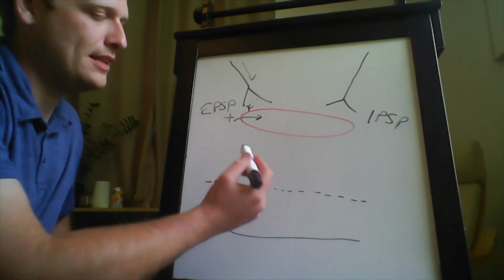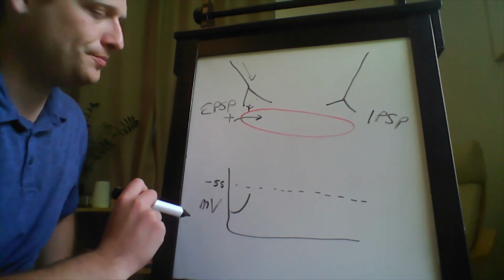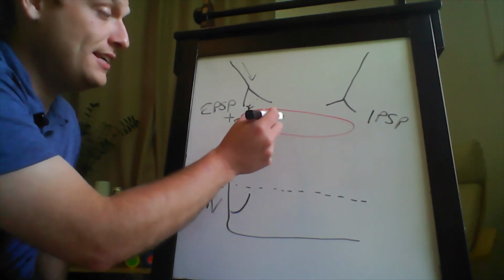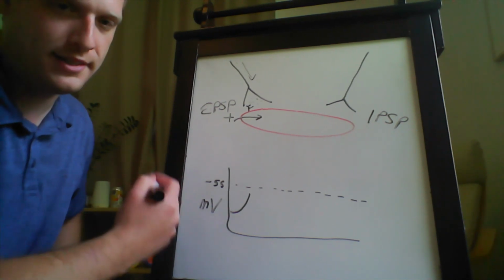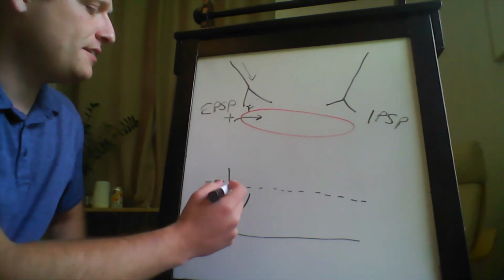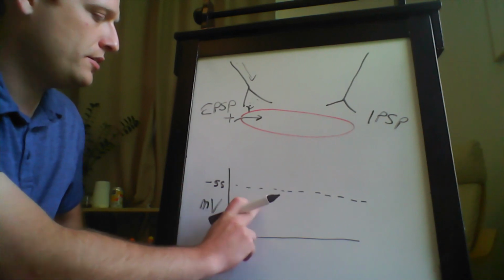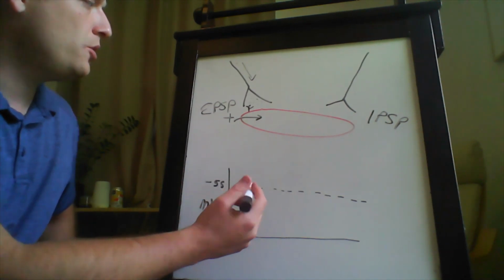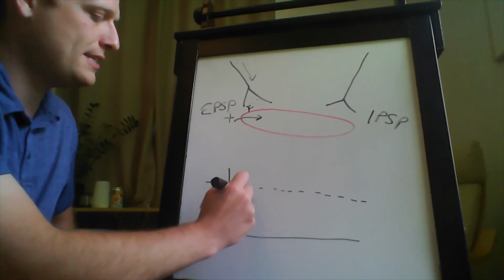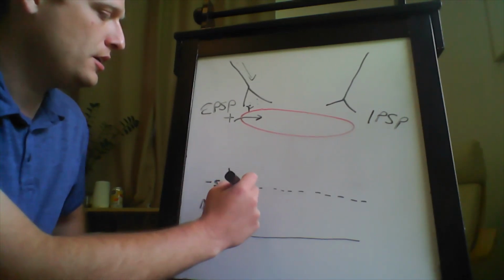If this is a neuron, that means with these EPSPs, we're going to be bringing it closer to activating an action potential in the postsynaptic neuron. So that's the effect of EPSPs, and they can add up on one another.